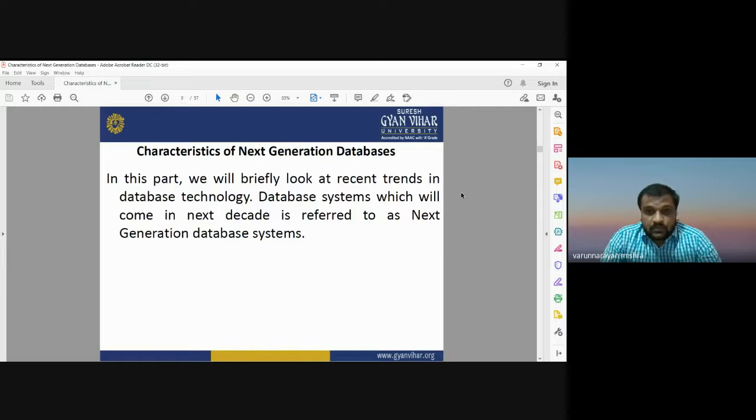Okay. Now we are going to see what the next generation databases are and what their characteristics are. In this slide, we will briefly describe recent trends in database technology, the different database systems which will come in the next decade, referred to as next generation database systems.